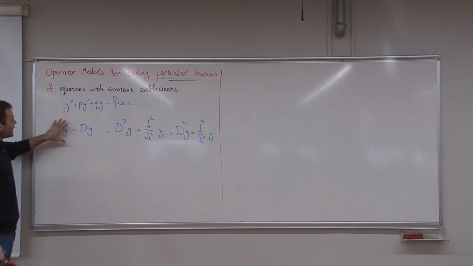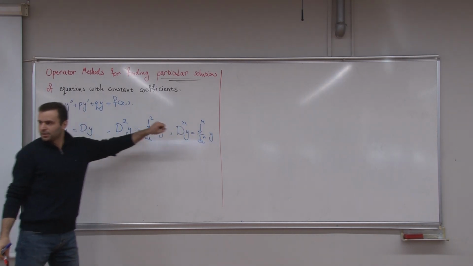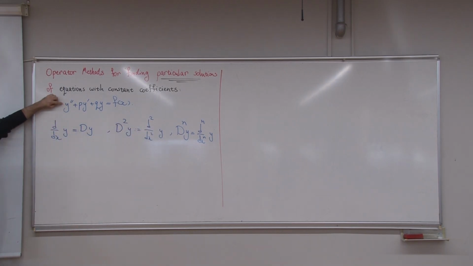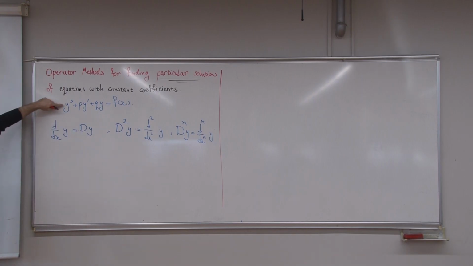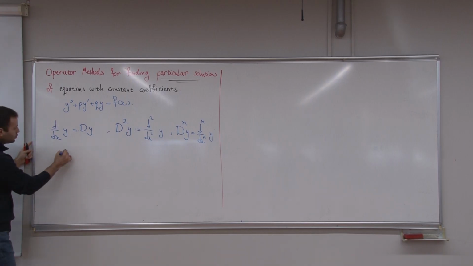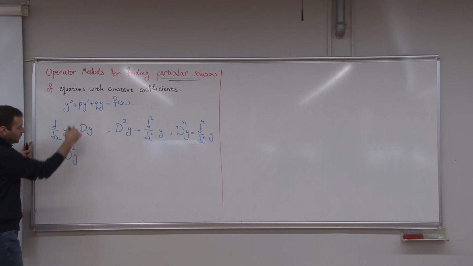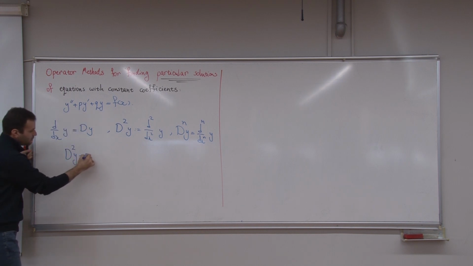Now, taking this symbolically, how can we write this equation in these terms? Instead of y double prime, what should I write? D to the power of 2 of y. What about this? P D of y.